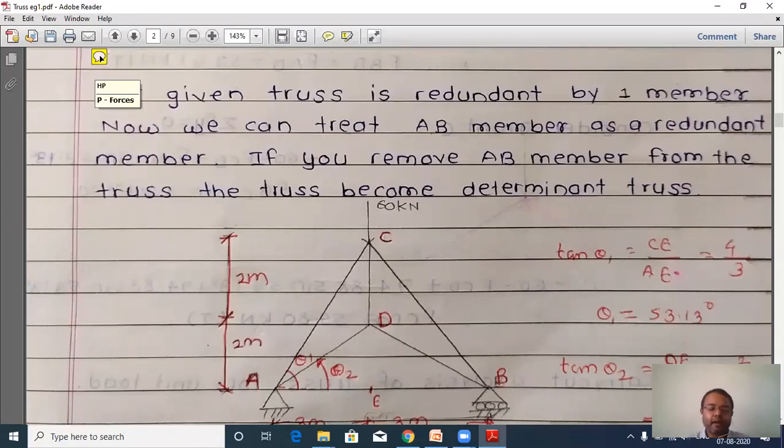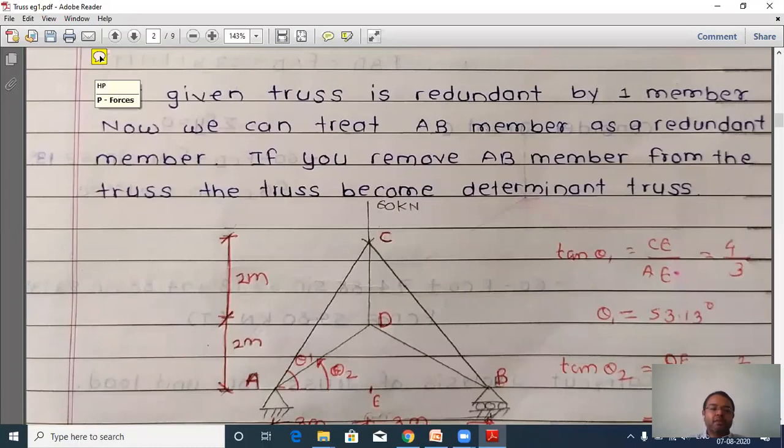Remember, we are going to analyze a given indeterminate type of truss. To analyze an indeterminate truss, we have to analyze the given truss twice. The given example you have to solve twice. Then afterward, by using F equals P plus XK, we get the total forces in every member.